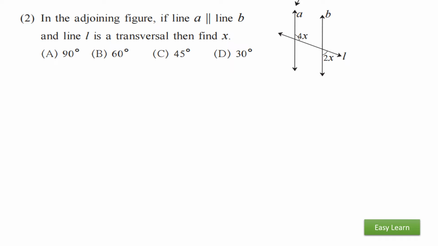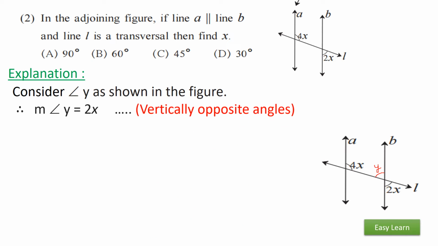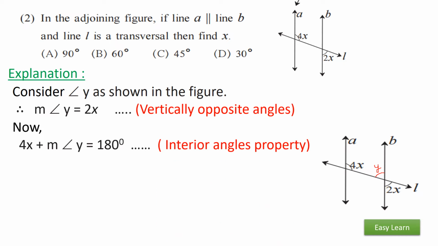Question number 2. In the adjoining figure, if line A is parallel to line B and line L is the transversal, then find x. Options: 90 degree, 60 degree, 45 degree and 30 degree. Explanation: consider angle y as shown in the figure. Therefore, measure angle y is equal to 2x, vertically opposite angles.